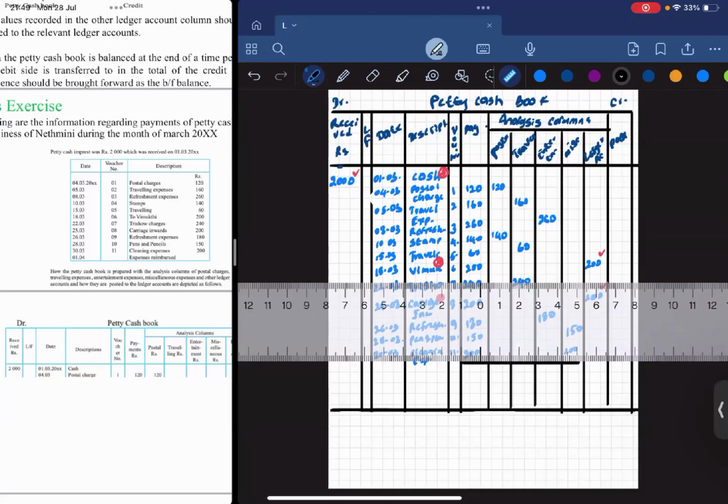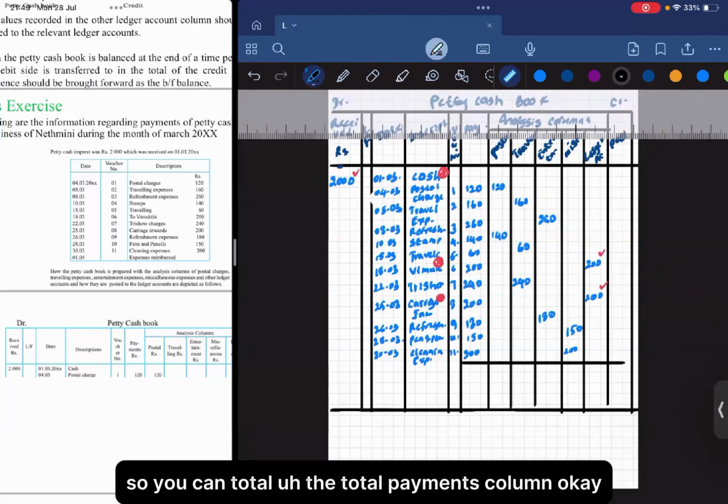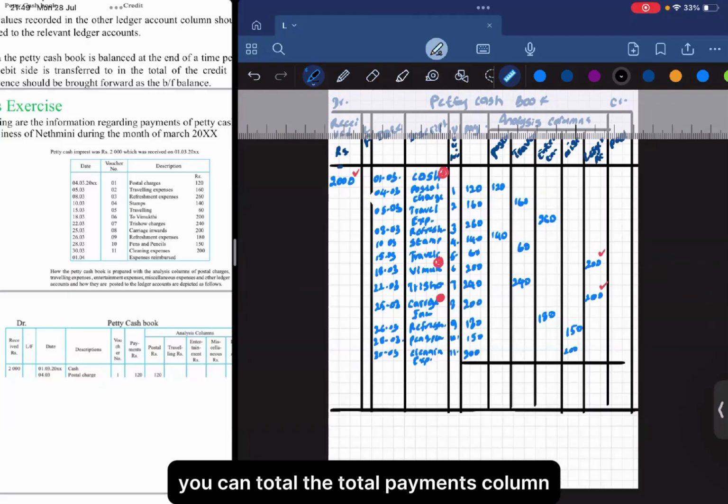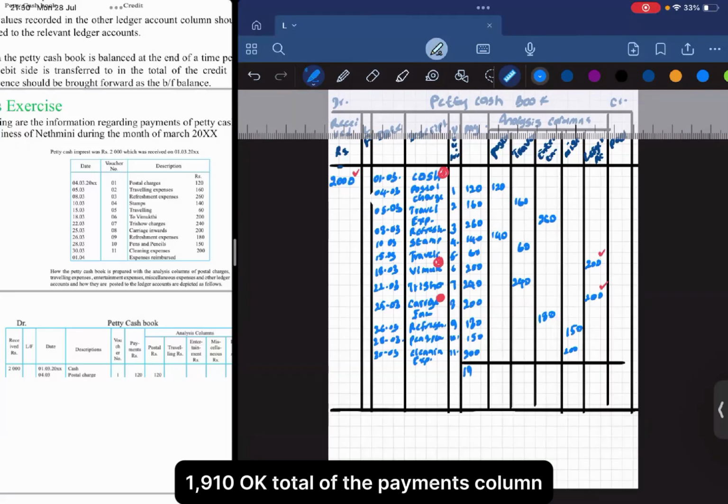So let's total them. You can total the total payments column, which will add up to 1910. So postal charges will be 260.